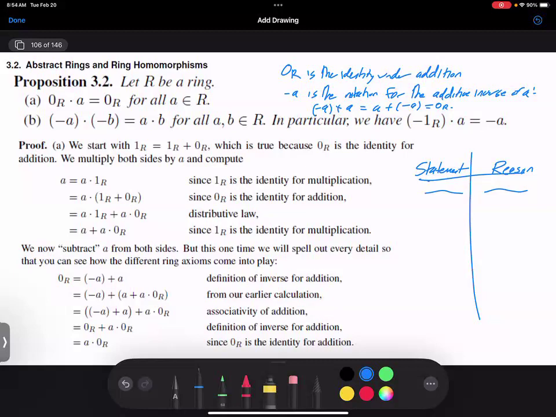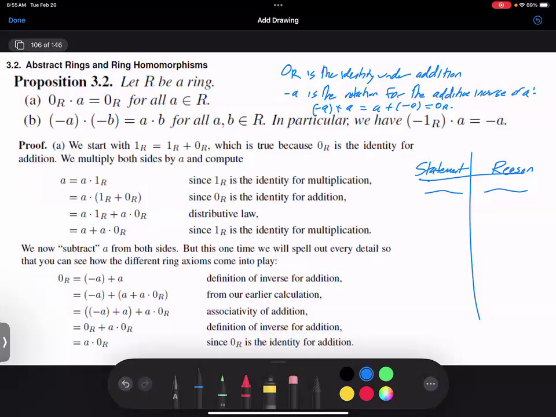When you see negative a plus a, you want to pull out a 1 from a and add them, and say that's negative 1 plus 1, which is 0. And that's essentially what we're trying to do here. We're trying to mimic what you would do with the standard numbers. So we add negative a to both sides. Well, when we add negative a to a, that's going to give us the additive 0 element.